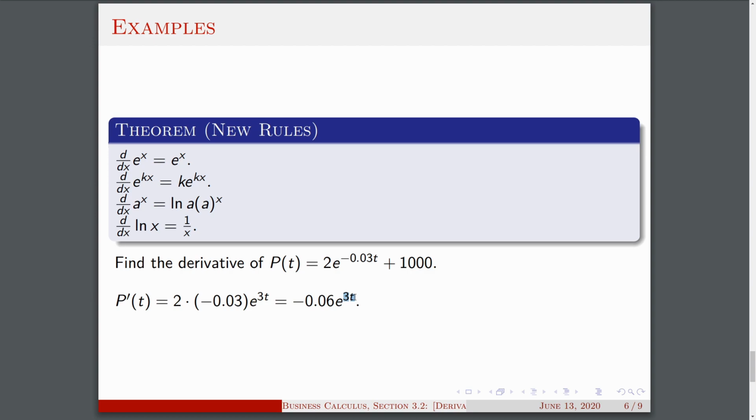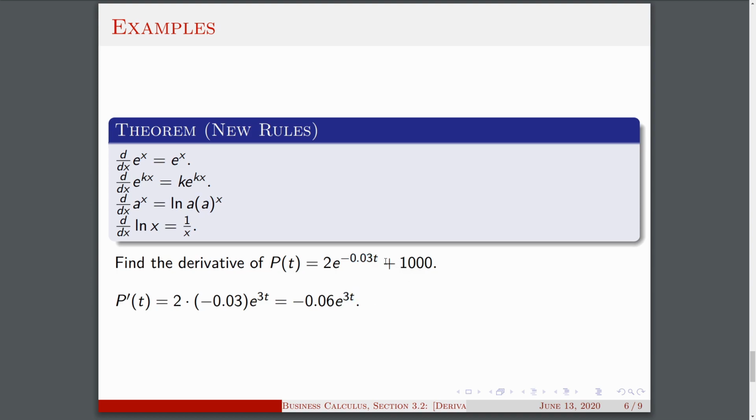But luckily I'm not being graded right now. I'm grading myself kind of harshly, but okay. So this should be negative 0.06 e to the negative 0.03 t. Whatever's in the exponent for exponential functions, it always stays the same.